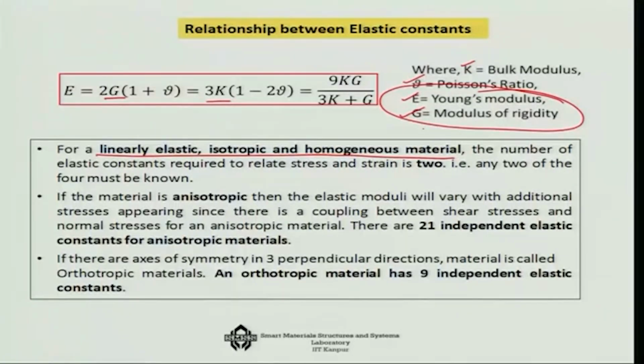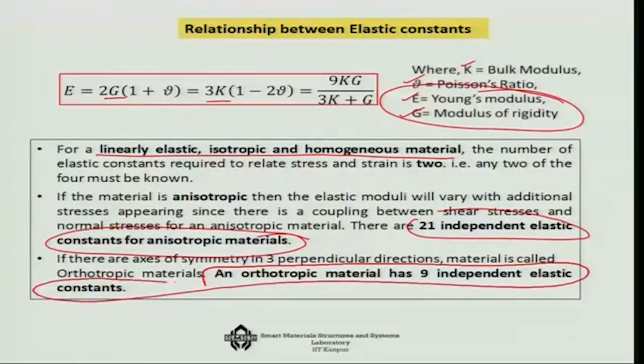However, in case of an anisotropic material, there are 21 independent elastic constants. Okay. So, it is much higher in terms of the variations, and if it is an orthotropic material, then it has 9 independent elastic constants that will come into the picture.